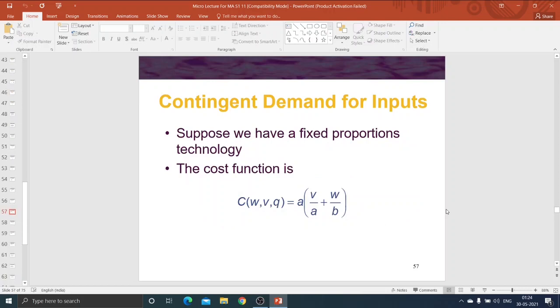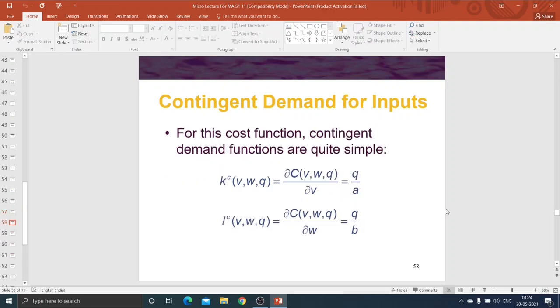Suppose we have a fixed proportion technology. The cost function is C(V,W,Q) equal to Q(V/α + W/β). So for this cost function, contingent demand functions are quite simple. The contingent demand for capital is ∂C(V,W,Q)/∂V, which is equal to Q/α.